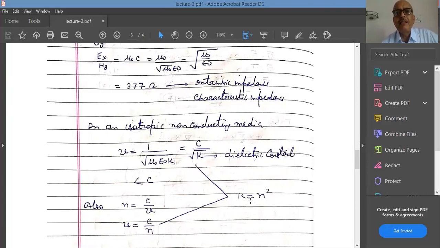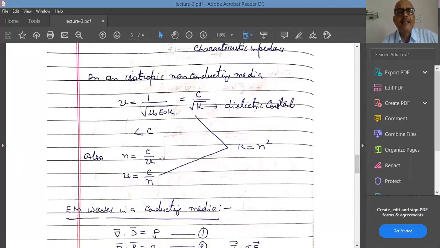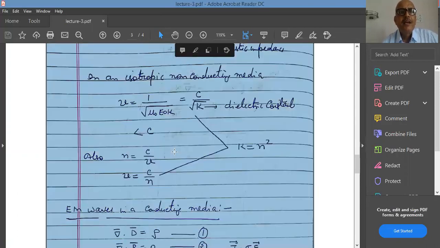One more important thing that I want to discuss with you is that you have read that the refractive index n is a ratio of the velocity of light. The refractive index of a medium is the velocity of light in vacuum divided by the velocity of light in that medium.